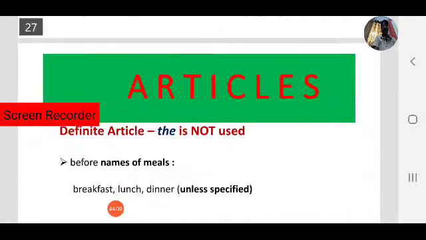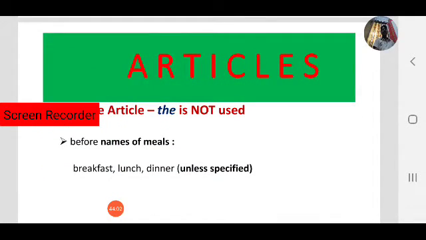This is the rule. Before names of meals: breakfast, lunch, dinner. The same rule applies as before: if the meal is known or already mentioned, in that case we can use the. For example, the lunch served at your home yesterday night was delicious. In that case we use the lunch, because I am referring to the lunch which you served me yesterday night.